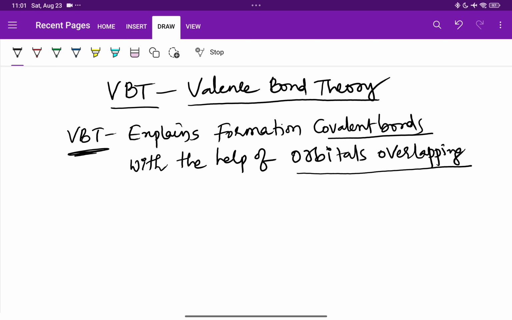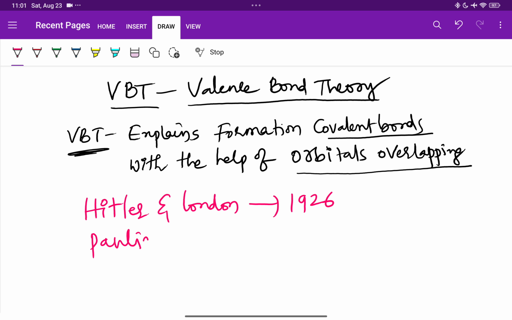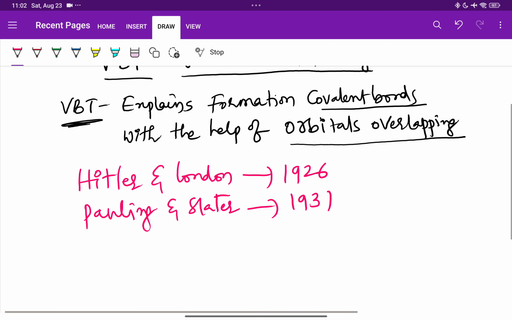So it was given by Heitler and London in the year of 1926. Later it was developed by Pauling and Slater in the year of 1931. So VBT explains covalent bond formation with the help of orbitals overlapping.